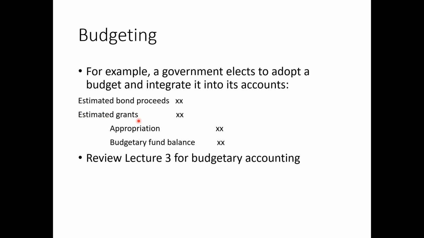Both are revenue sources. We credit appropriations, which is the expected expenditure. The difference between them is budgetary fund balance. If the total source is greater than the expected expenditure, we have increased the fund balance. We're not going to talk about the budgeting anymore. Review lecture 3 for budgeting and accounting.